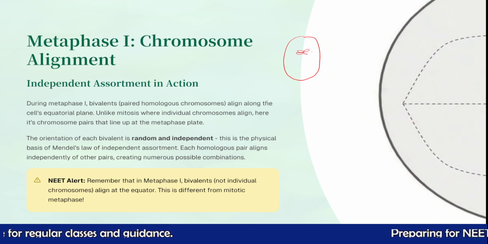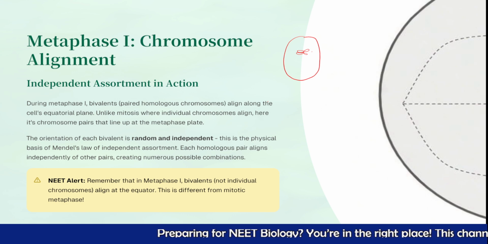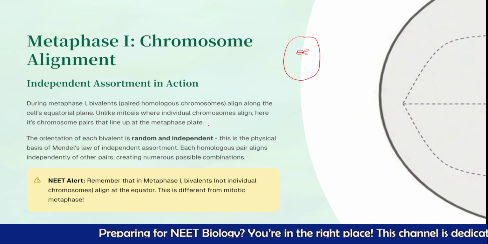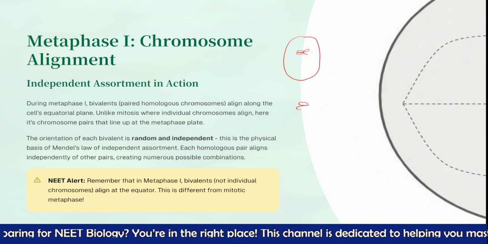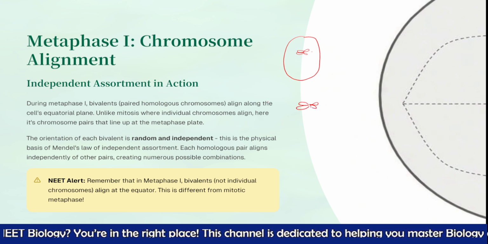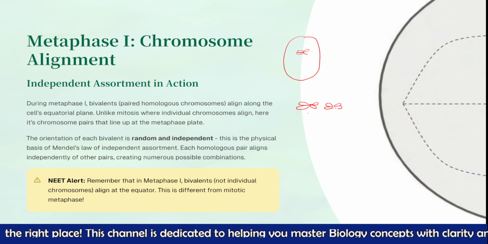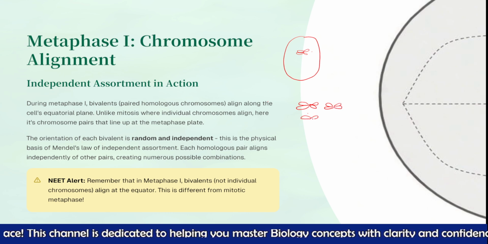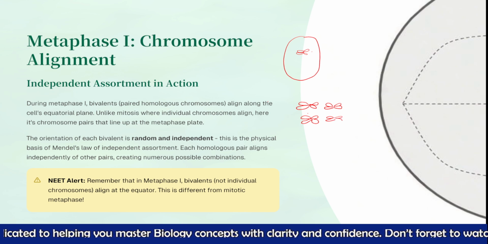But here one difference is there when compared to mitosis metaphase. Here in the equatorial plane, the chromosomes are aligned, but two homologous pairs are aligned like this. This is the first pair, then the second pair, like that. You can see the alignment.